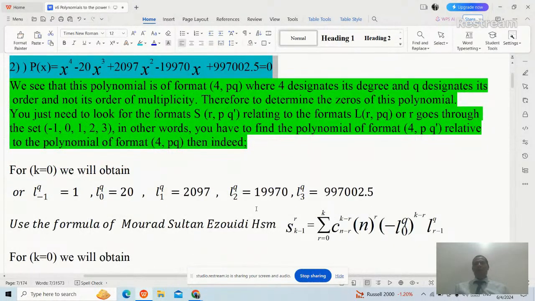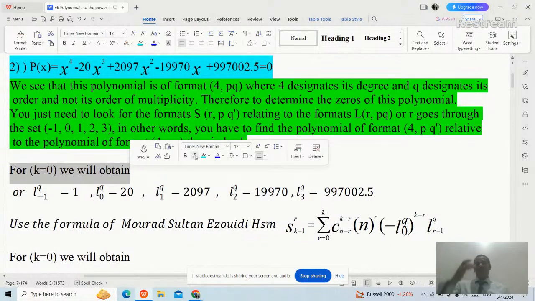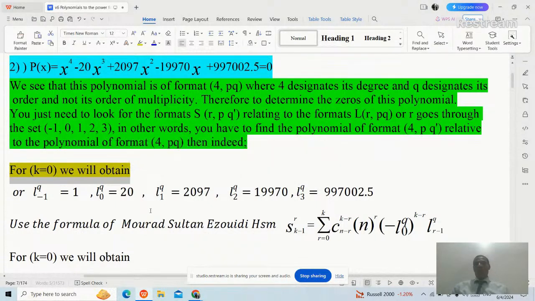We are going to use k equal 0, meaning that you substitute k equals 0 in the formula of Mourad Sultan Ezouidi in order to find the value of s_{k-1} of order r, which is equal to the sum over r from 0 to k of the combination (n minus r choose k minus r), n raised to the power r, times (negative L0 cubed) raised to the power k minus r, times L_{r-1} over the cube.